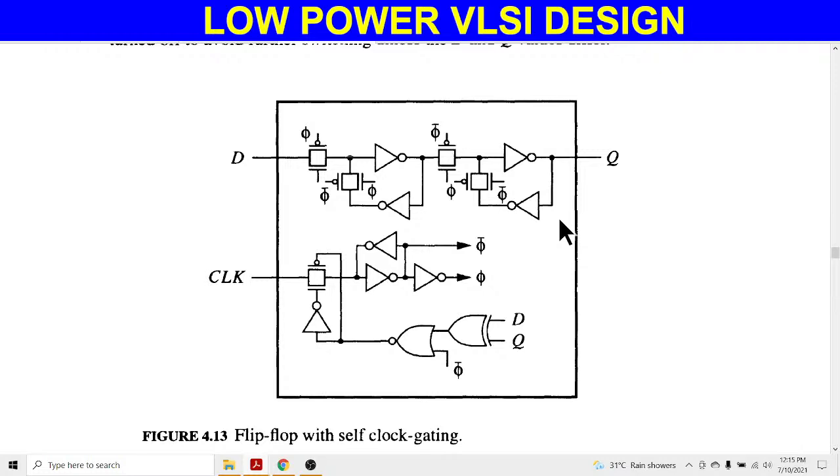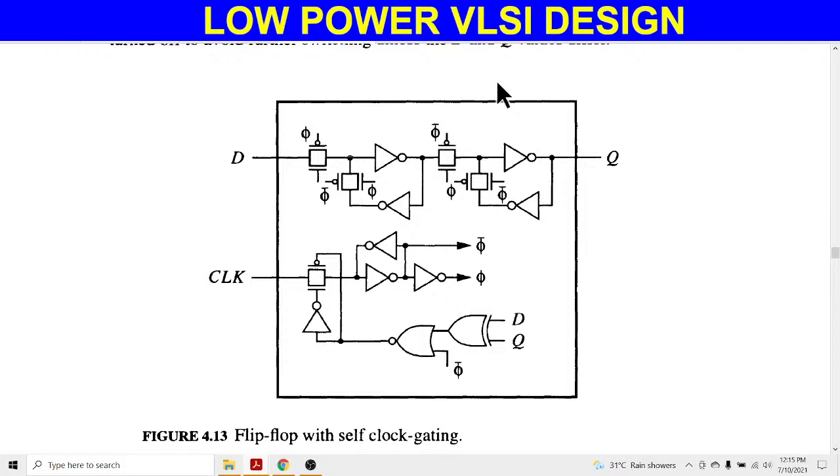So when we provide any clock pulse, some part of the clock pulse power is also provided to the internal clock buffer that is connected to the transmission gates. So in a self-gating circuit, when the input equals the output, the switching power is suppressed. This technique is known as the self-gating flip-flop technique.